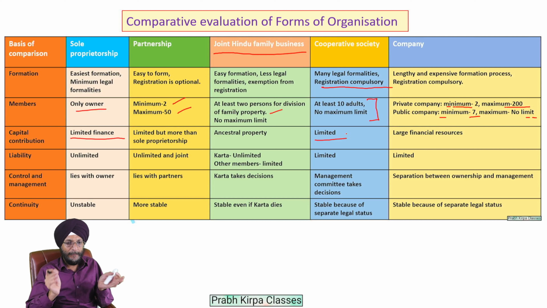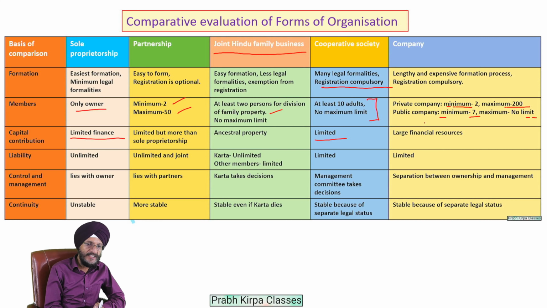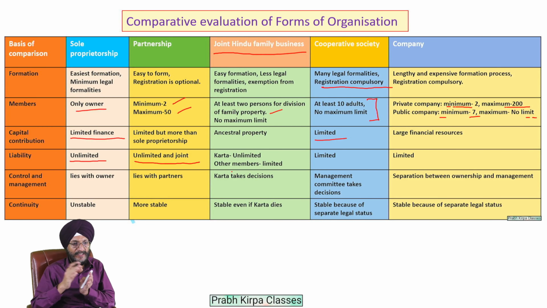In the case of company, enough capital resources are at the disposal of the company. Liability of the sole proprietor is unlimited. In the case of partners, it is unlimited and joint, that is, they are jointly and severally responsible for the debts of the company.